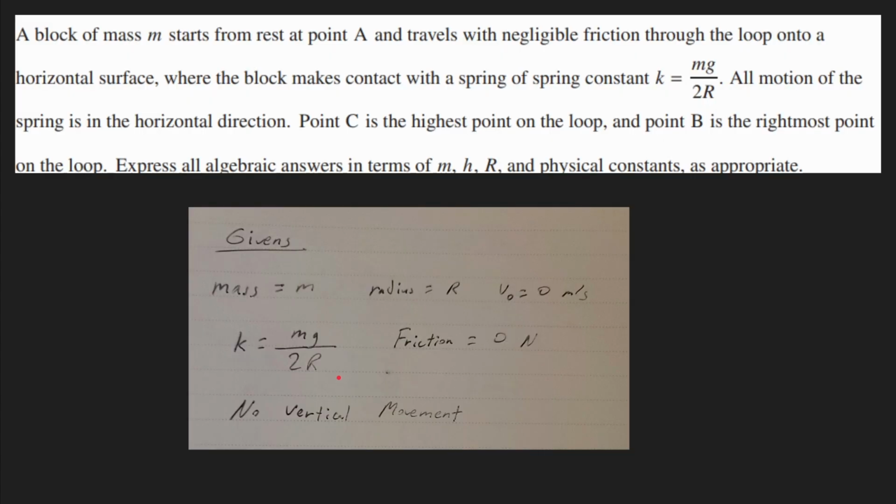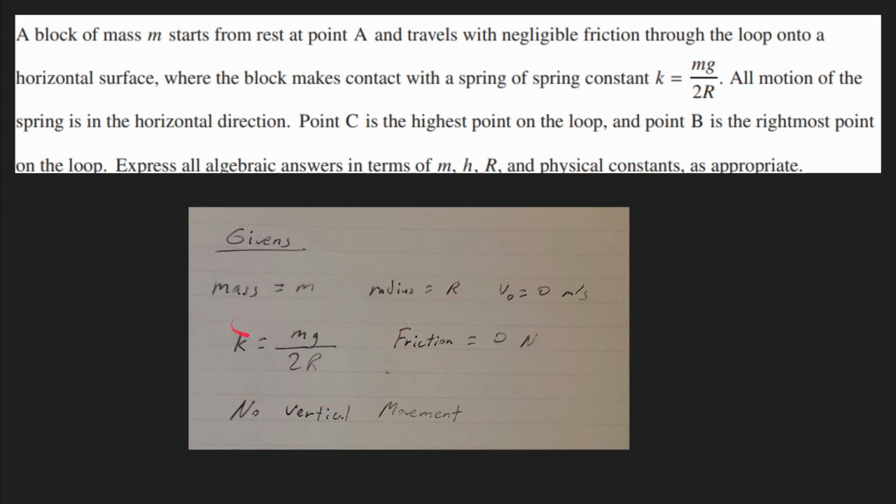So first, let's start writing down some givens. We're given that our mass is equal to m, our radius is equal to capital R. It says right here it starts from rest, so our initial velocity is 0 meters per second. Negligible friction, so for all intents and purposes, friction is 0 newtons.